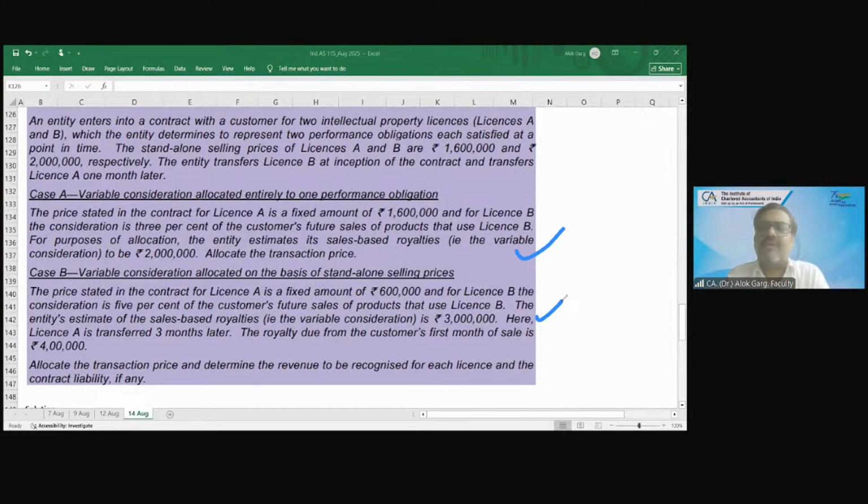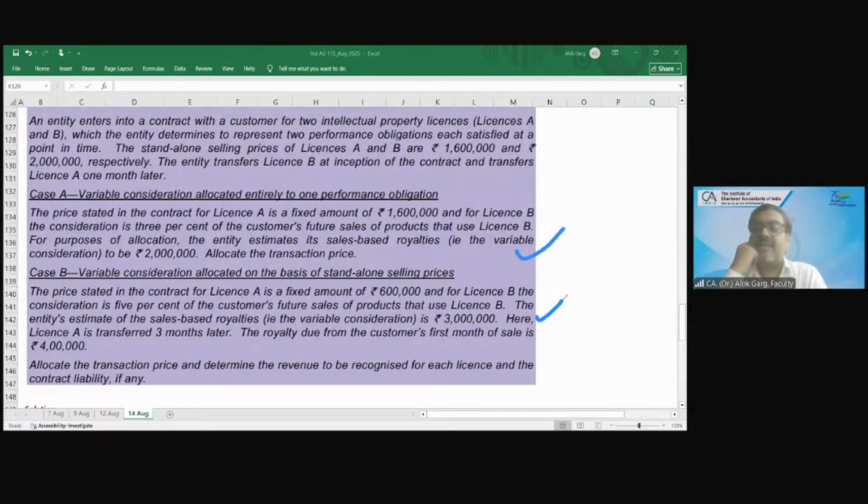Should we write in the contract the mobile price is 5,000 and the laptop price is 45,000? She told me, sir, I don't have any problem, till the time you are asking 50,000 rupees. So the standalone selling price of mobile was 10,000, but in the contract it was written at 5,000 rupees.